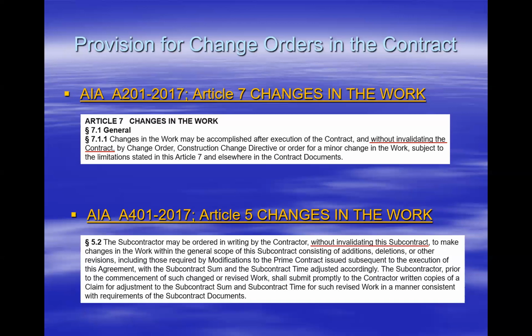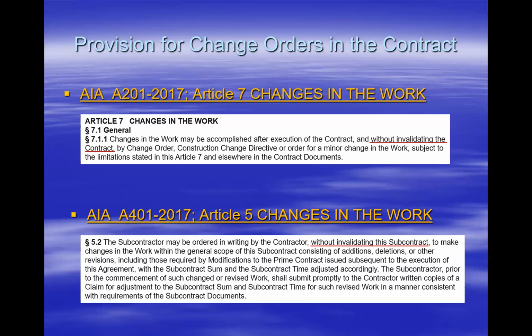The next thing we want to look at is the AIA A401. If you remember, this is the agreement that exists between the general contractor and the subcontractor. Just like in the prime contract, in our subcontract we also need to have a provision. That provision comes out of Article 5, paragraph 5.2.